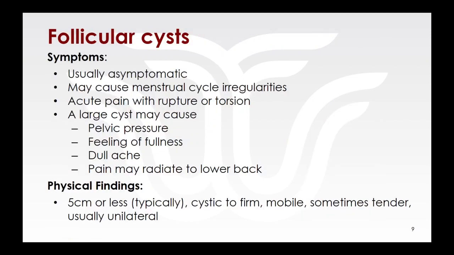You may feel them on a bimanual exam. Because they are hormonally influenced, a young woman may see changes in her menstrual cycle for a couple of months. That cyst is likely going to rupture, and they have that acute pain that we talked about.